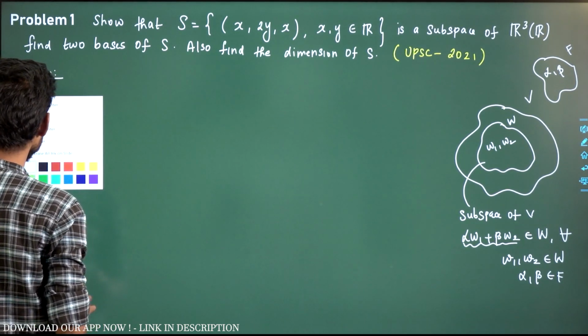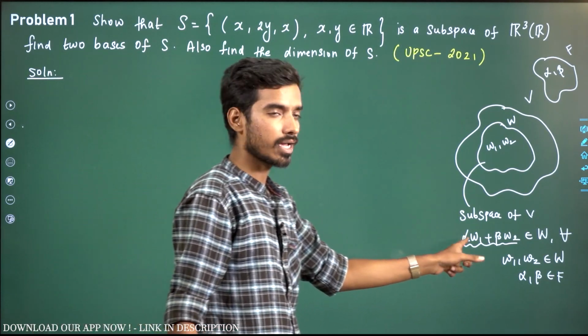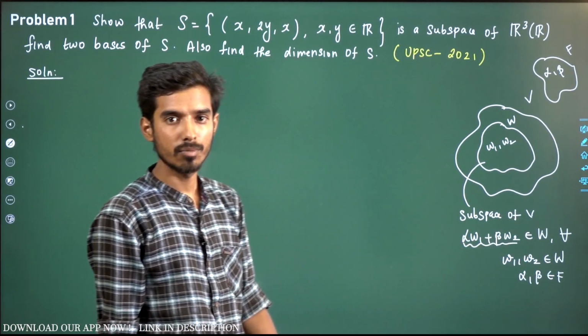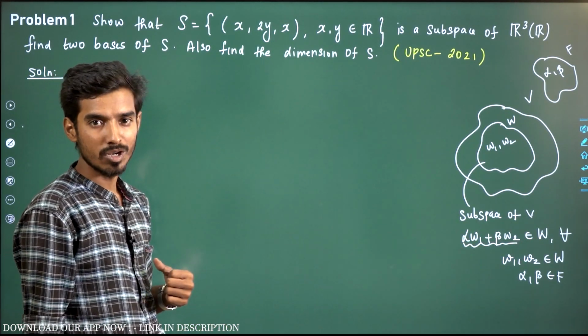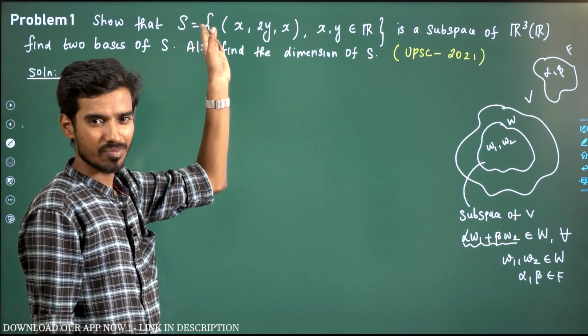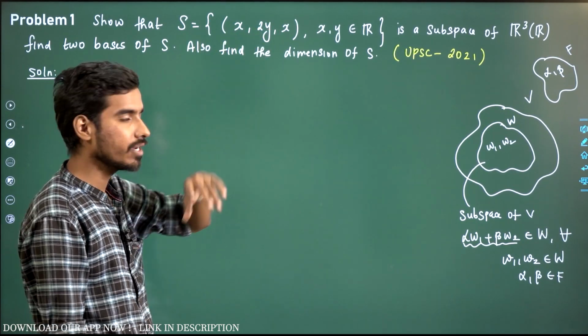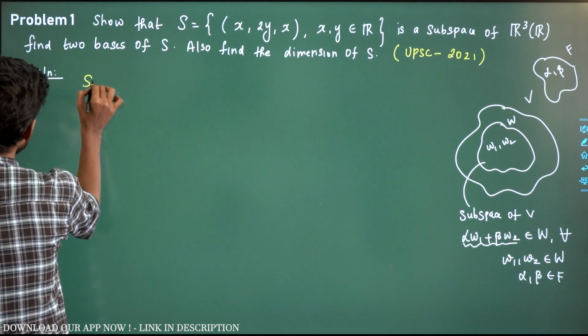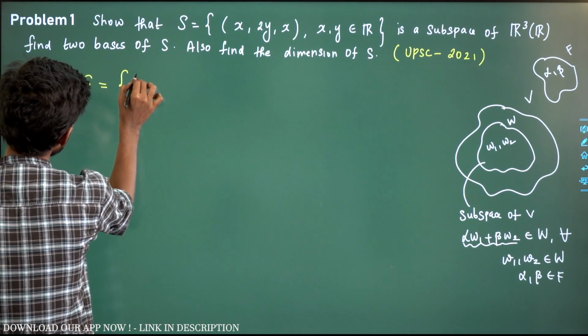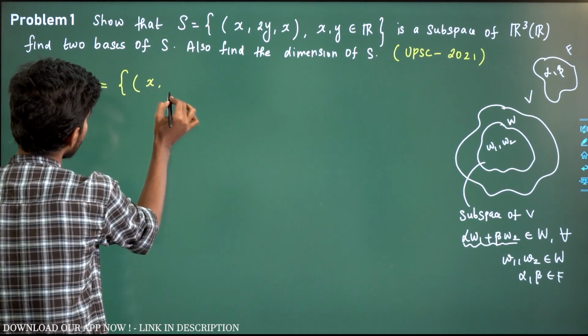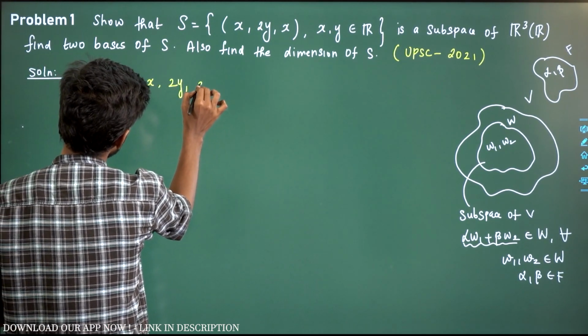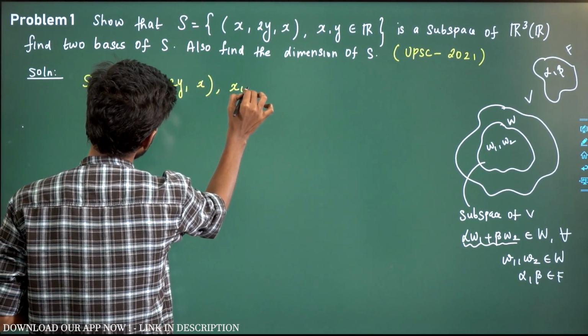So what we need to do is show that this linear combination alpha times W1 plus beta times W2 is also in W. Here our W is S; they have given W to be equal to S here. So what is the set S? The set S is given to be (x, 2y, x), where x and y are real numbers.